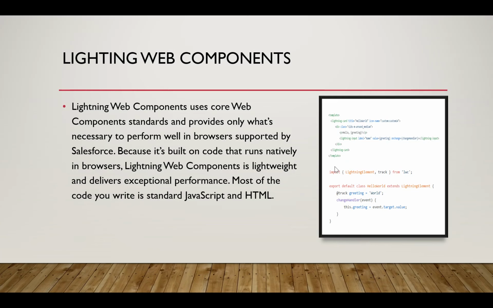If you remember, when we build a Lightning component, we implement interfaces like available for all page types, available for Lightning quick action, or available for only home pages. As an interface, we implement those. Here, in the XML file, we define whether it needs to be used for a record page or a home page.